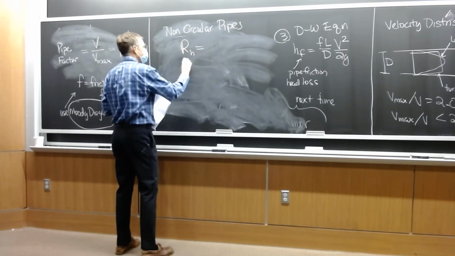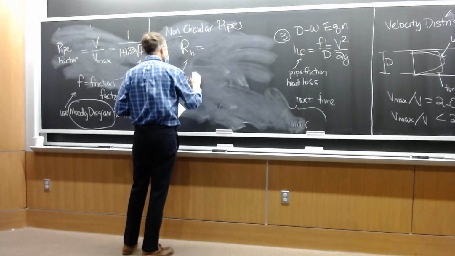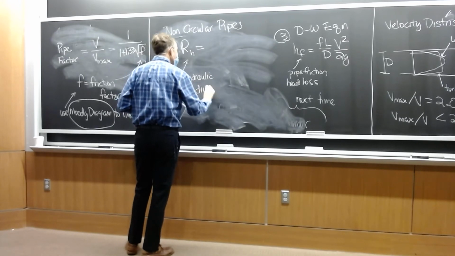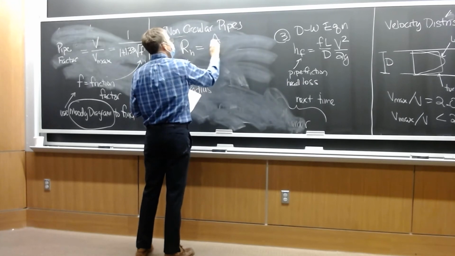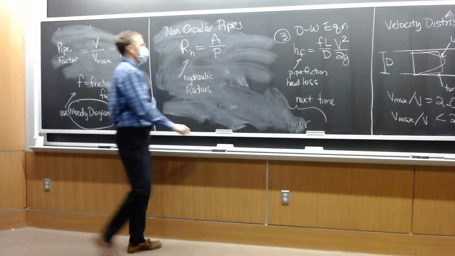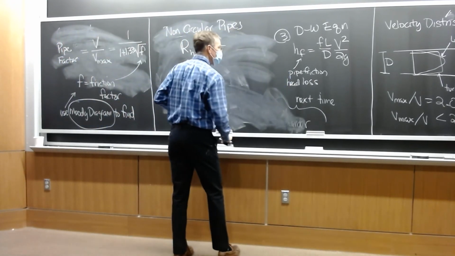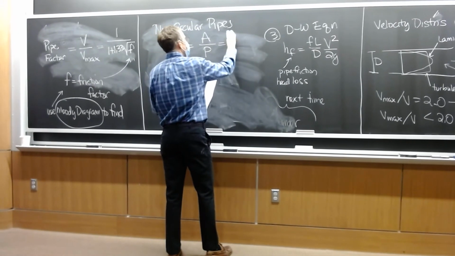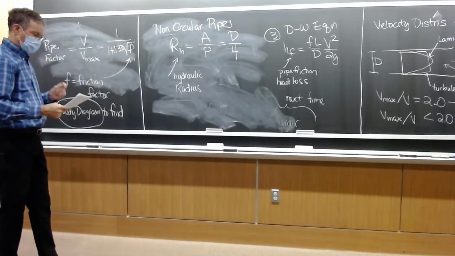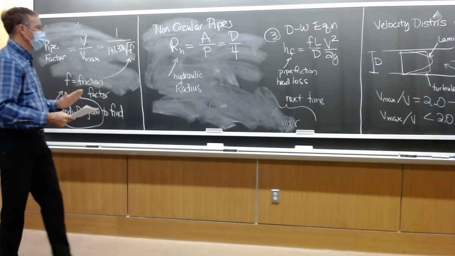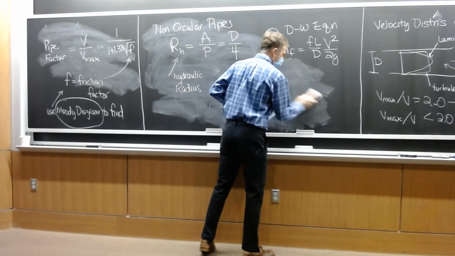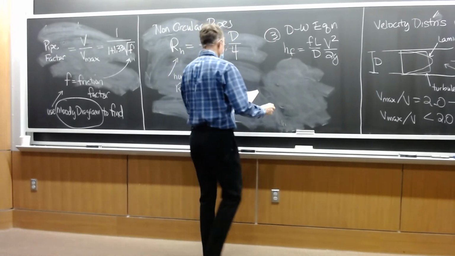You can define this thing called the hydraulic radius, which is the area of the pipe over the perimeter of the pipe, or for a circular pipe that's D over 4, and for non-circular pipes, a version of the Darcy-Weisbach equation will get used.